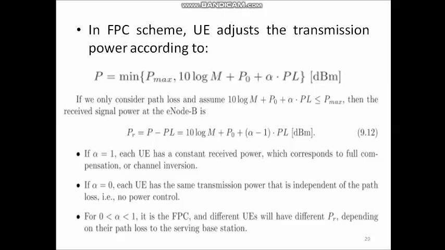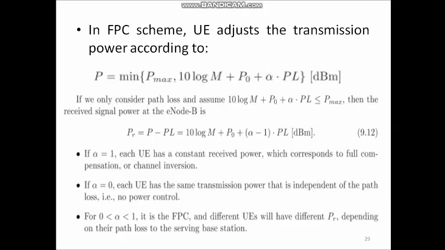Here P max is the maximum user equipment transmission power, and capital M represents the number of assigned physical resource blocks, and P naught is the parameter that controls the mean received signal to noise ratio, and alpha is the path loss compensation factor, and PL is the downlink path loss estimate calculated in the user equipment.